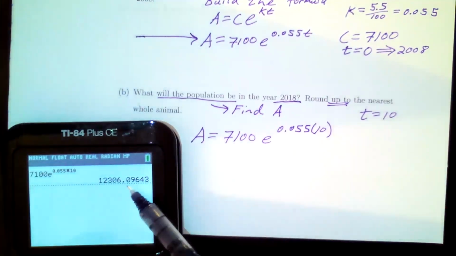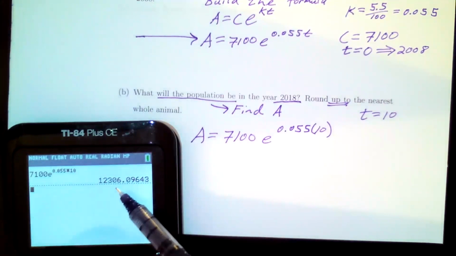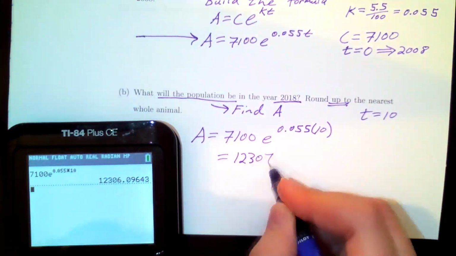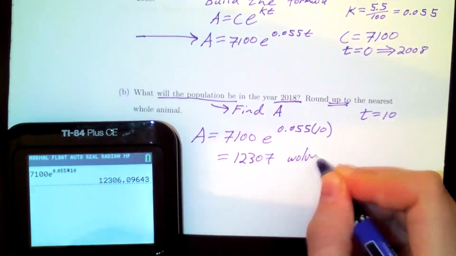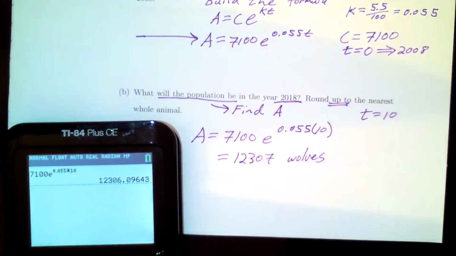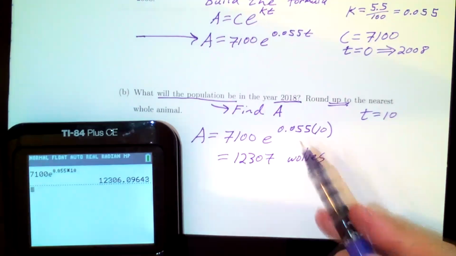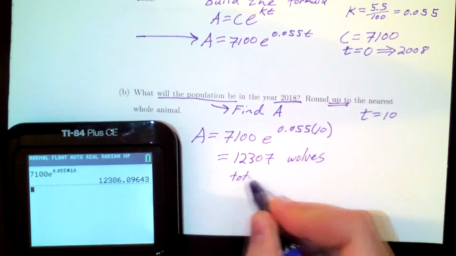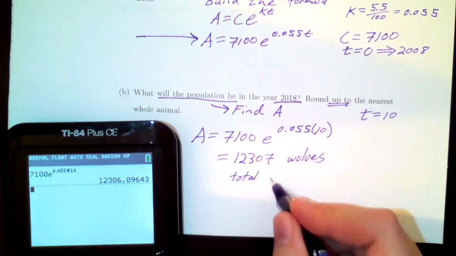You can't have 0.09 of a wolf, and they want you to specifically round up. So what we should write here is 12,307 wolves, rounding up. So that means in the year 2018, they expect the total population of wolves to be 12,307.